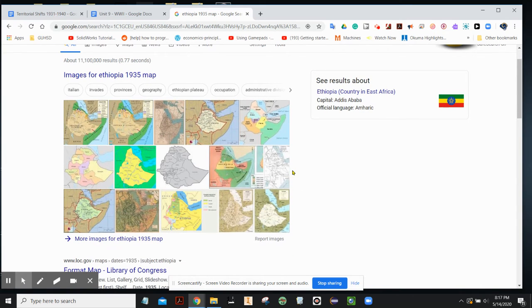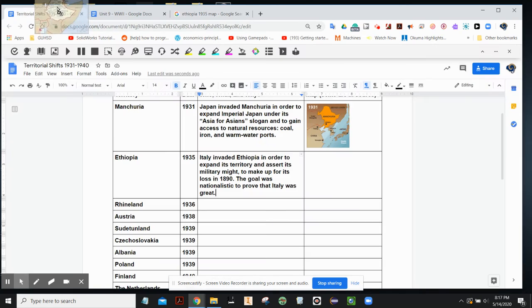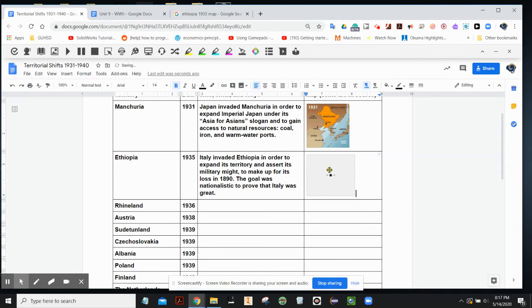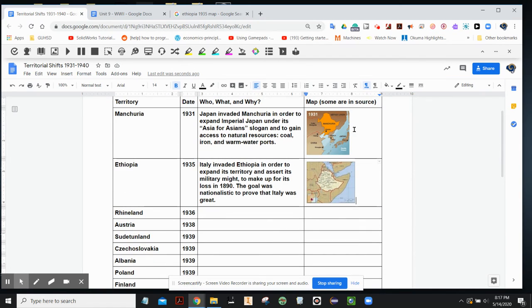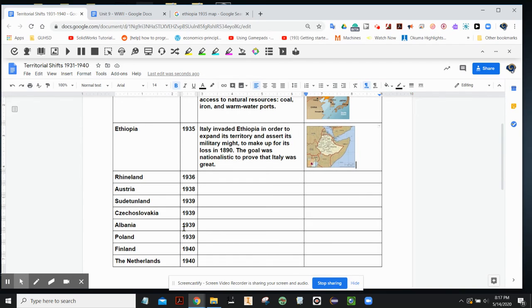And here we find a really good one. Very clean. Again, grab it, drag it, and place it. And it usually is about the right size. When you grab the thumbnail, it fits perfectly into the box. So we have Albania in 1939.